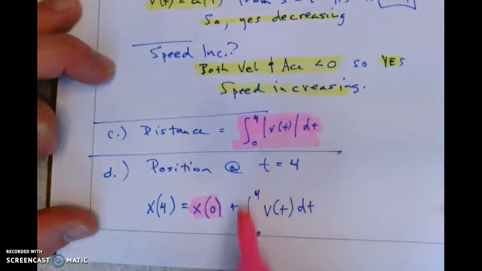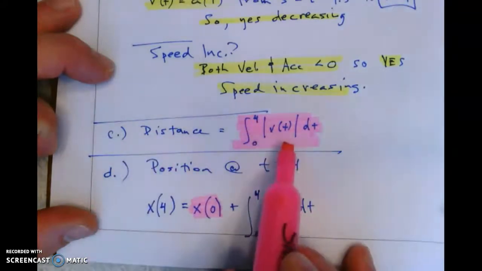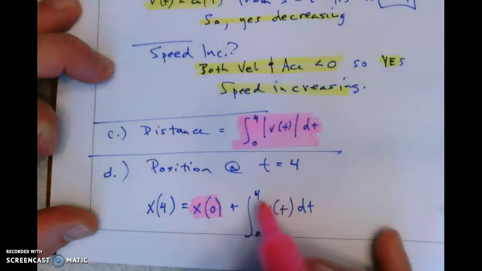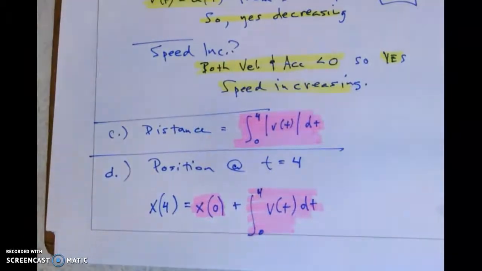This one does not take into account the absolute value, therefore it can go right and left, so this is our displacement. Our position needs to take into account our change in direction. So in this case, our initial position plus the integral from 0 to 4 without the absolute value.